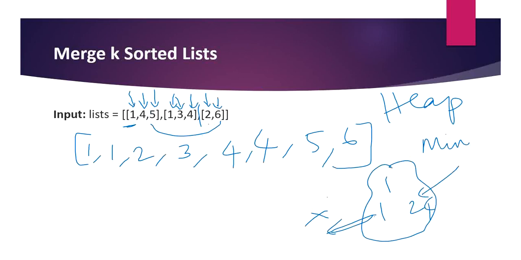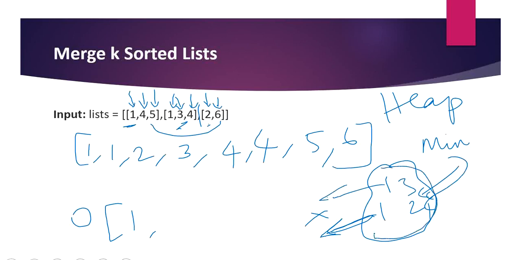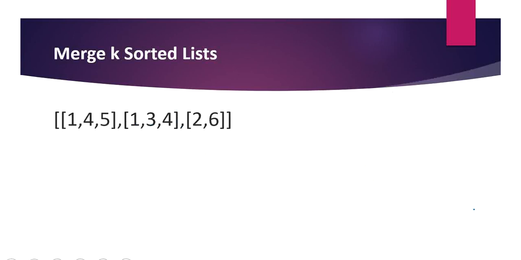Whenever an element gets out of the min heap, it is stored in the output list. Again, when the third element enters, the third element is 3. When 3 enters here, the lesser element again goes out because the capacity of the min heap is k. Let us do a dry run for the input. So I have my min heap here.